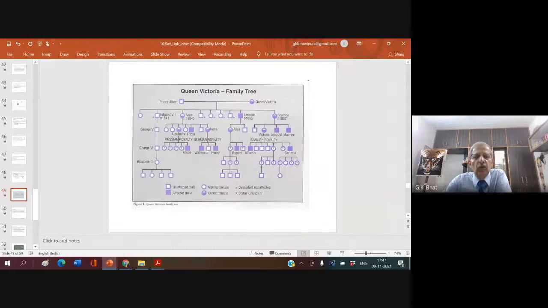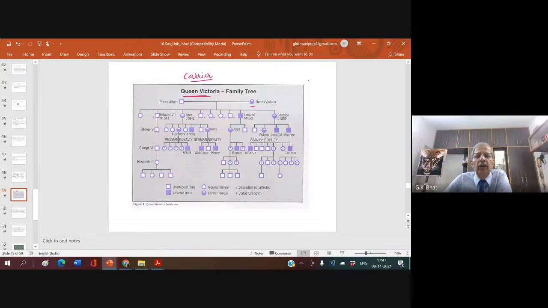You must know, very important, note down, that Queen Victoria was a carrier for hemophilia. And this hemophilia was there in many of her generation.